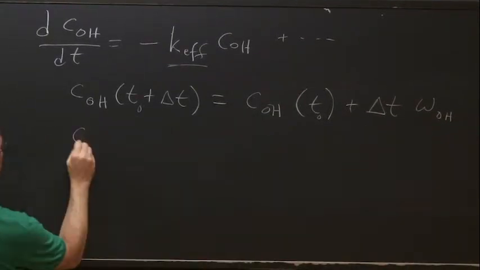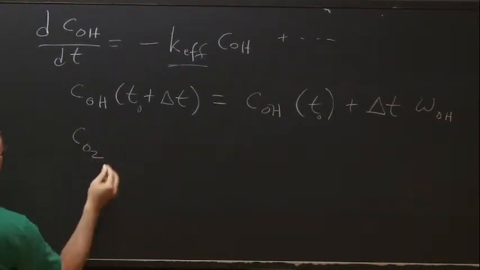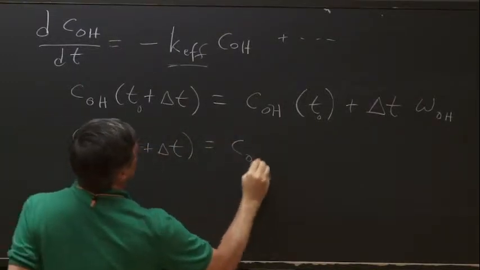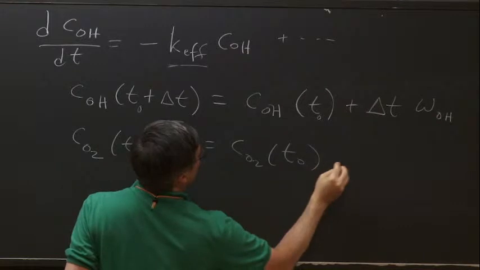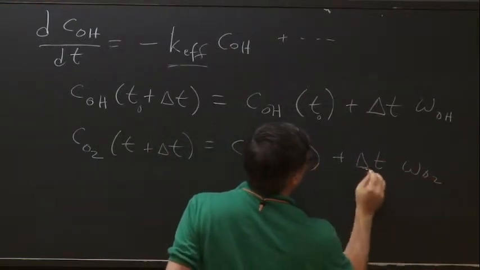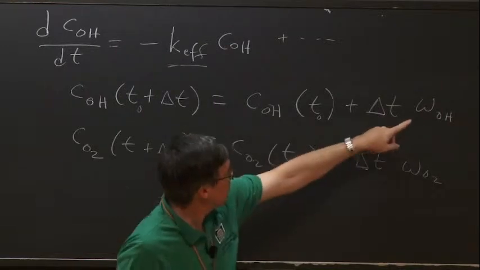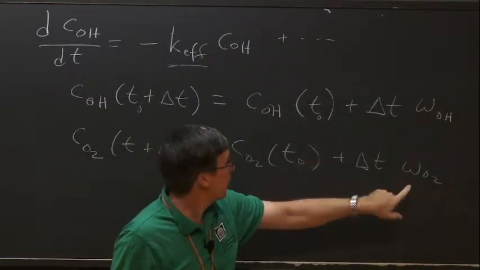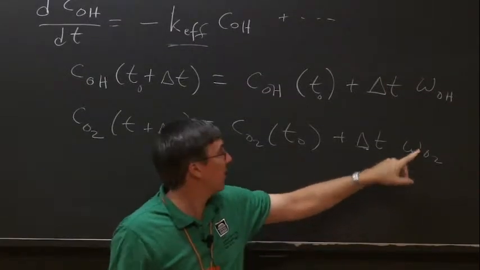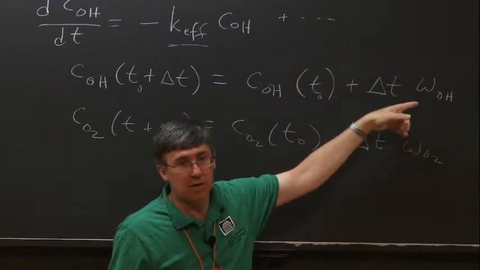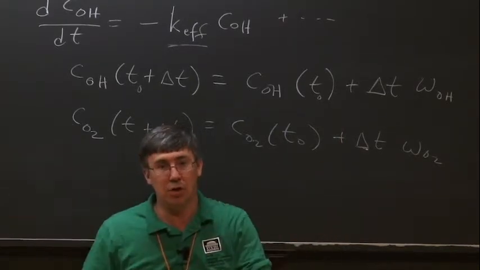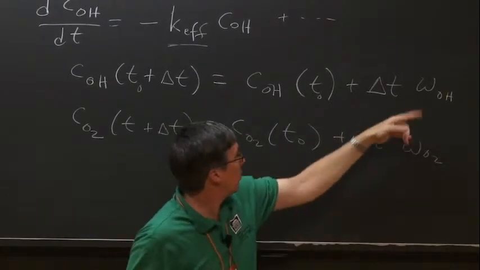But now I write the same equation for oxygen, O2. Okay. Now the rate of consumption of the OH, and it turns out the rate of consumption of the O2 in terms of moles per cubic centimeter per second, these are the same order of magnitude. Every time I consume an OH, I make an H atom, it reacts with an O2. These are similar numbers.